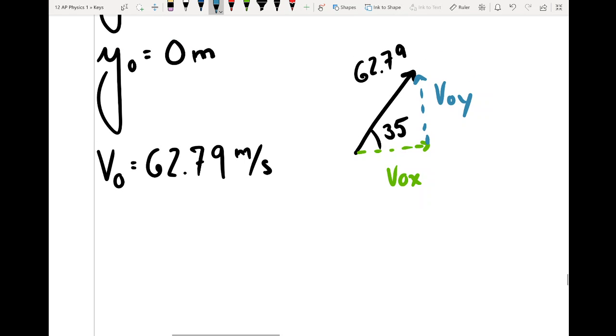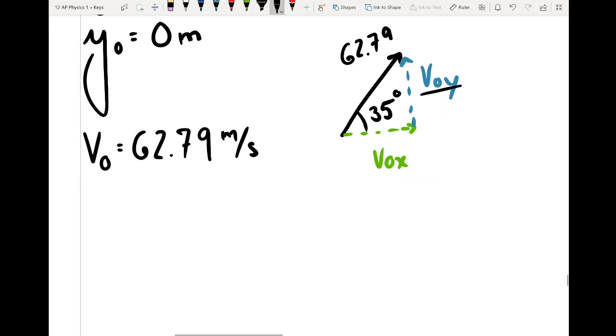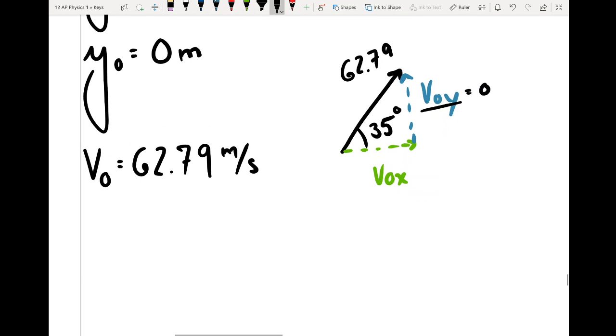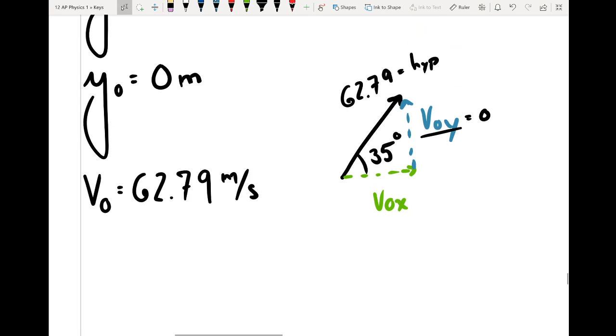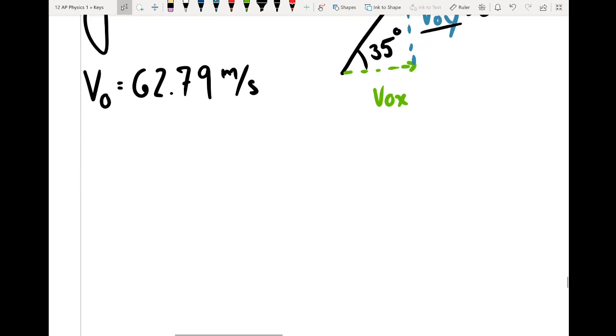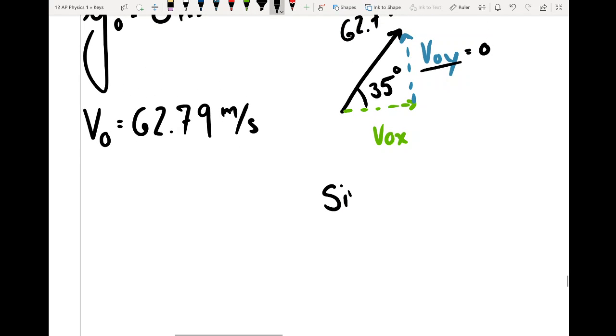So if we're looking at this, I want this piece that is opposite of my angle. So v naught y is my opposite, and my hypotenuse is this 62.79. So I have opposite and hypotenuse, and I have my angle, so I can use sine. Sine of my angle is equal to opposite over hypotenuse.